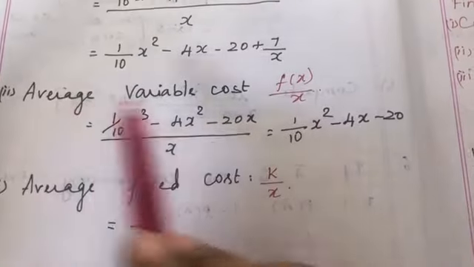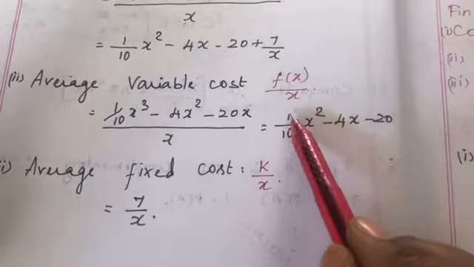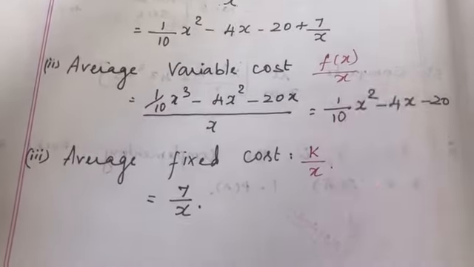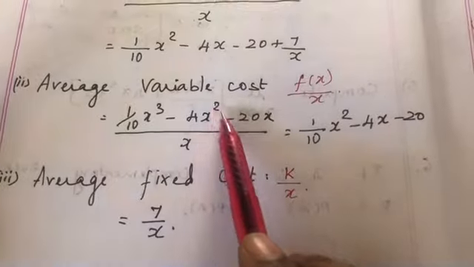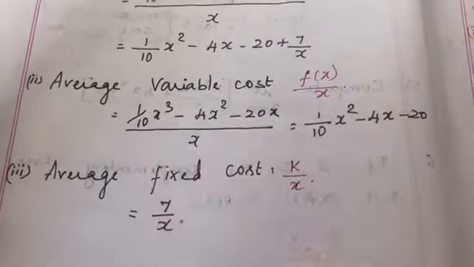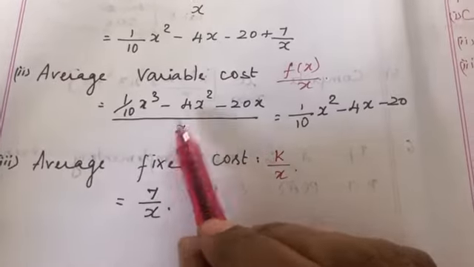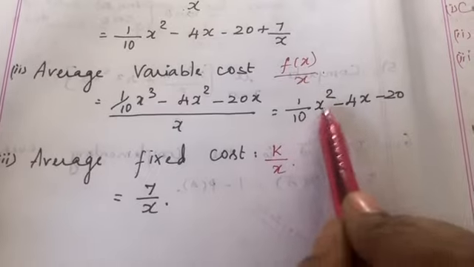To find average, we used to divide it with the number of elements, isn't it? So, here we have to divide it with x. So, 1 by 10 x cube minus 4x square minus 20x divided by x. So, while dividing it with x, this 1 by 10 x cube will become 1 by 10 x square.